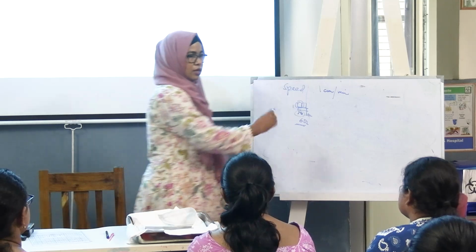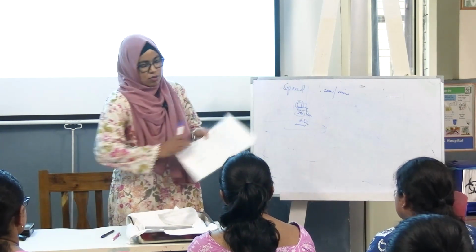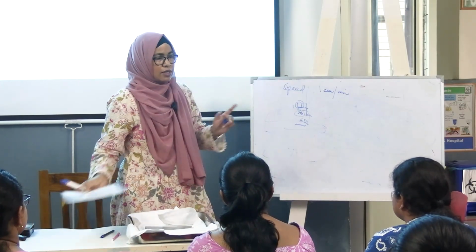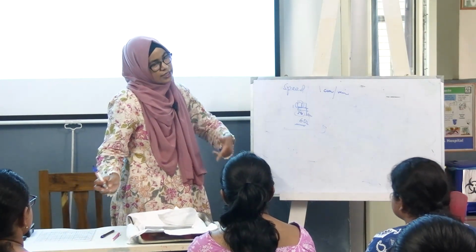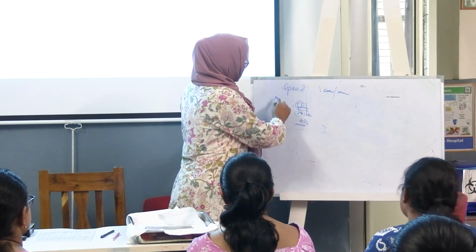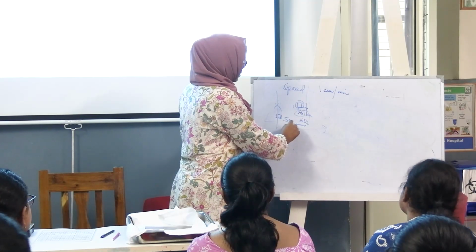Okay, so this is horizontal, this is showing the time, and the vertical is showing the beats per minute, whether the fetal heart rate is increasing or decreasing. So one small box in the vertical line shows 5 beats per minute.